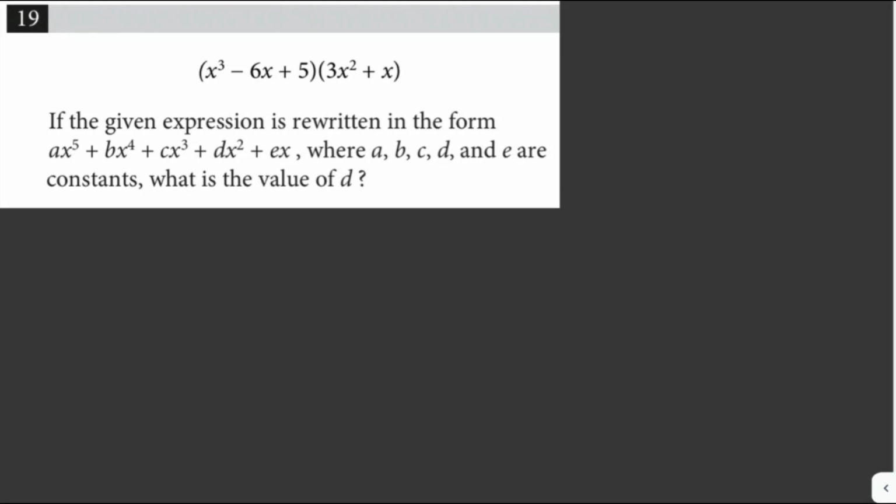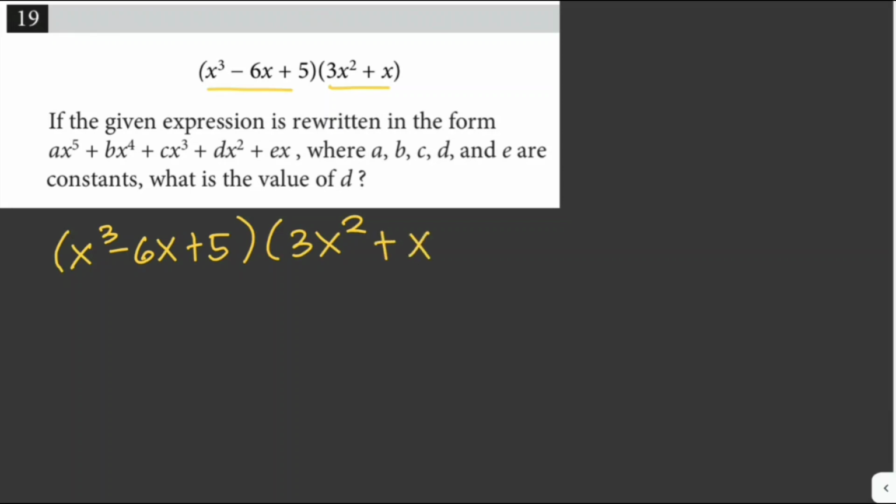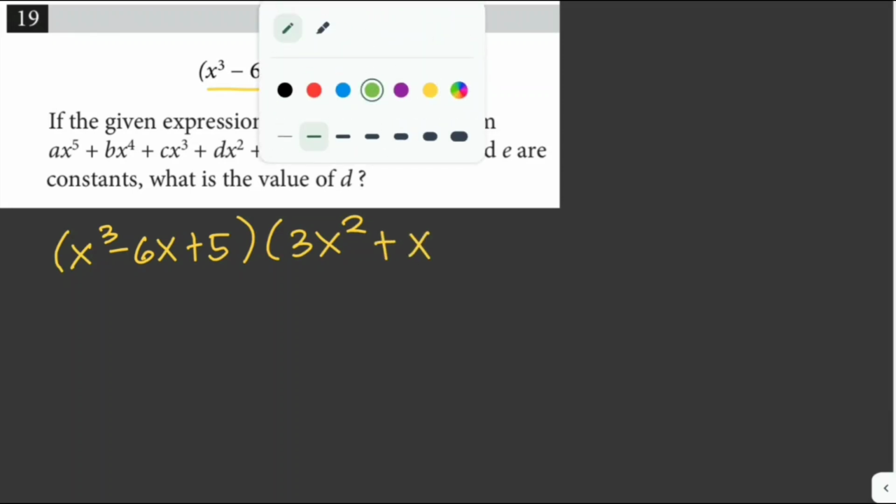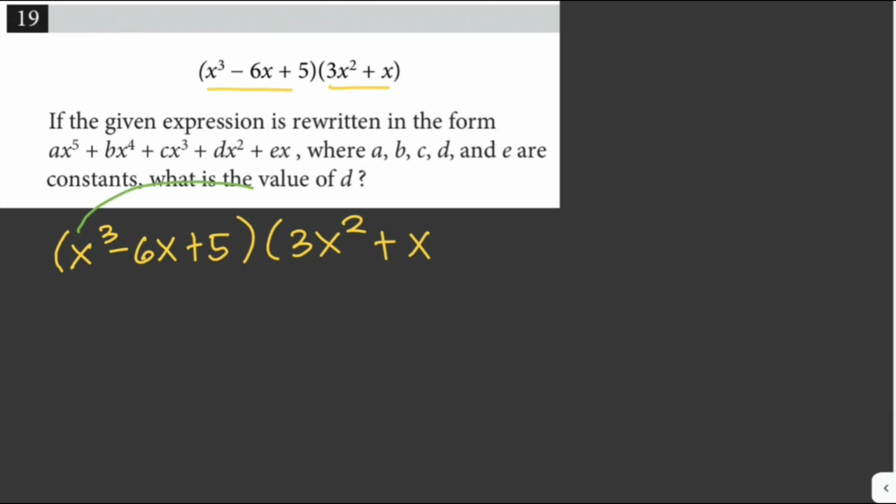The first thing we do here is multiply the two expressions: x cubed minus 6x plus 5 times 3x squared plus x. We multiply each of the terms of the first expression by each of the terms of the second expression.